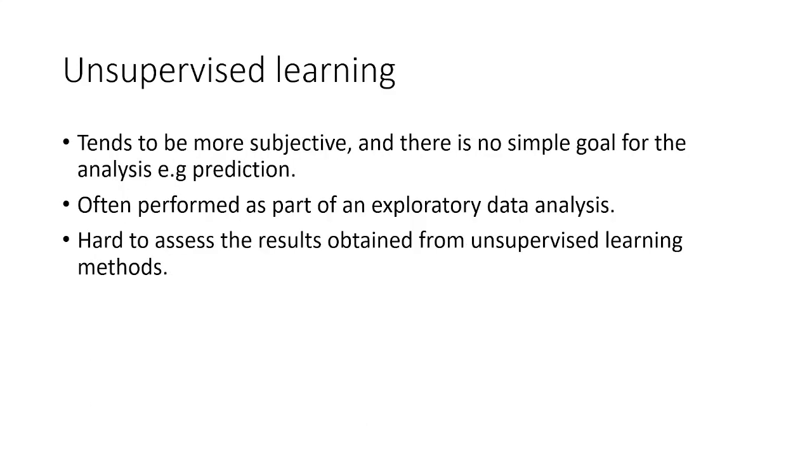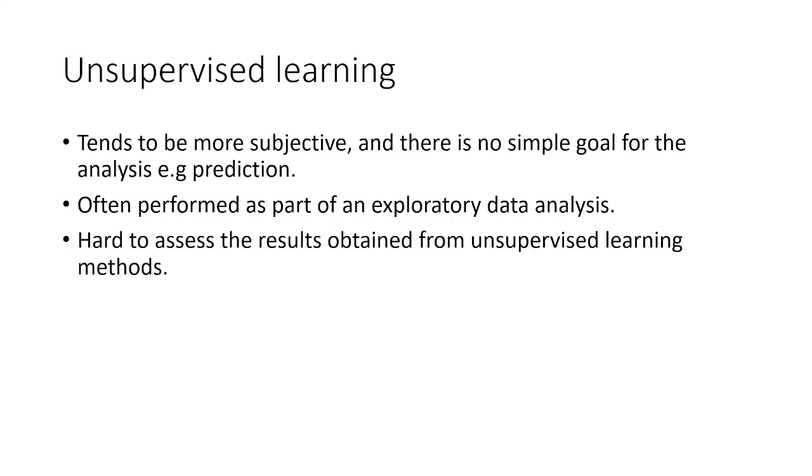When we talk about unsupervised learning methods, they tend to be more subjective, and there's no simple goal for the analysis. Like in supervised learning, when we do predictions, there are specific statistical evaluations that we can use, for example the misclassification rate, to evaluate whether a model has a high misclassification error rate or a high prediction accuracy.